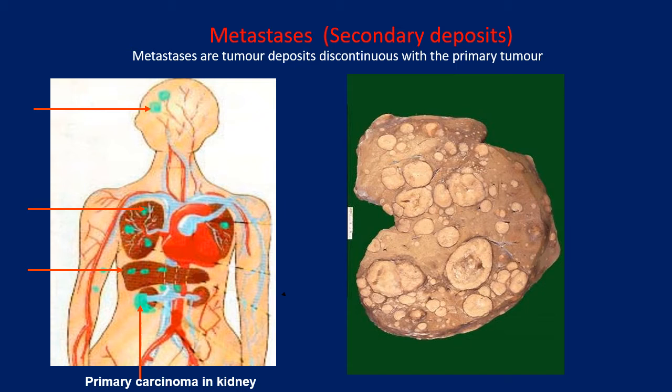When the primary tumor sends metastasis, it spreads through blood or lymphatics and goes to other organs. In these organs, the cells proliferate, producing new tumors. So the tumors produced in these distant sites are discontinuous with the primary one.